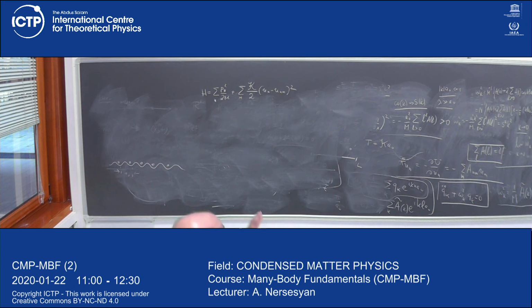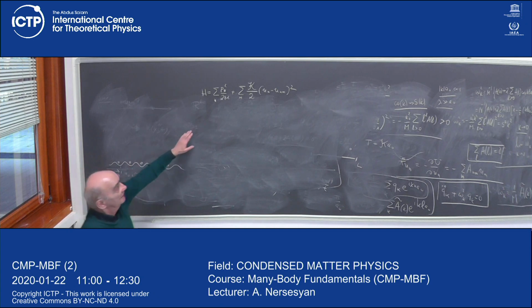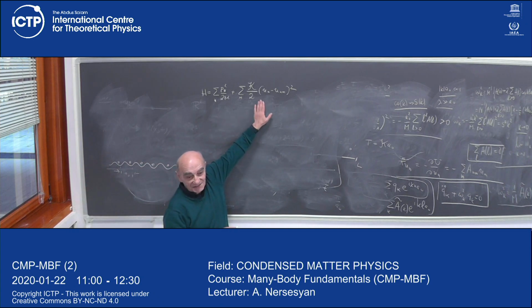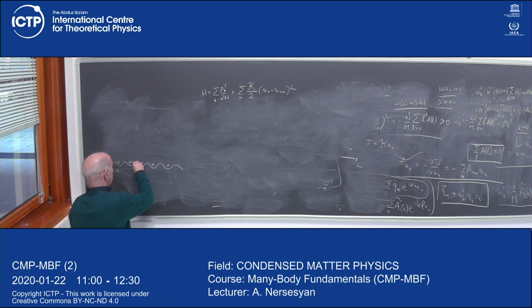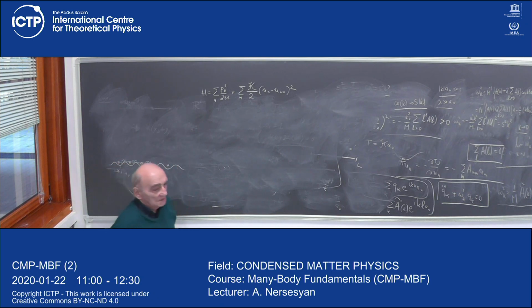Right. Now we have two effects. The atoms interact with each other, and this interaction is described by this. These are just springs which couple, say, nearest neighbor atoms. So every time you move one, it will affect the location of the neighbors.